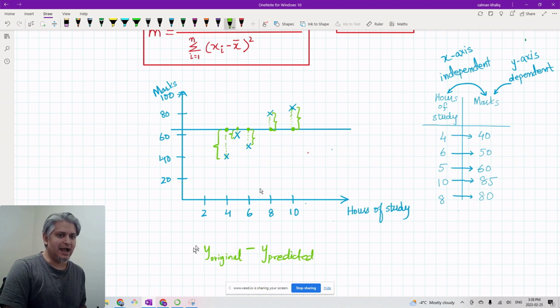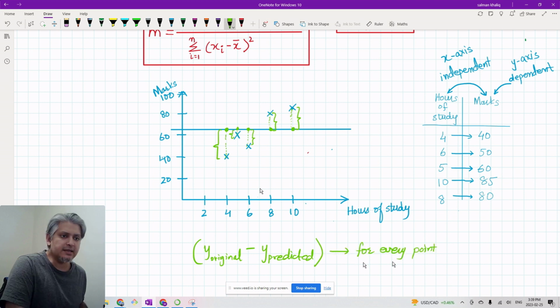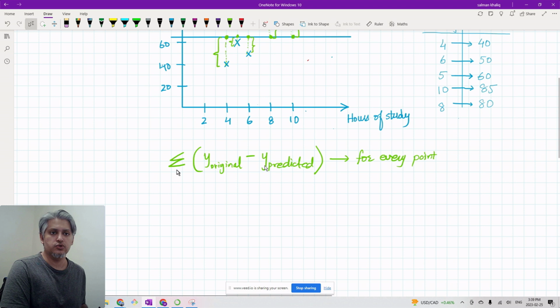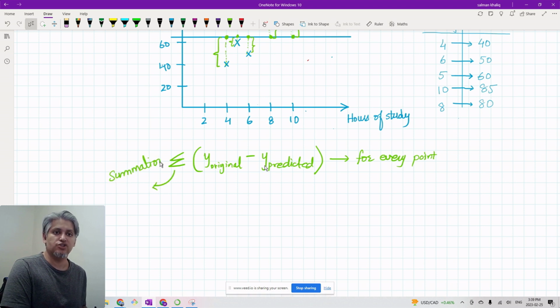What I'm doing is finding this distance for every point. And then once I find it, I will add it, which means this sign that I just introduced is what we call the summation sign. Summation means I'm adding this bracket for every data point.